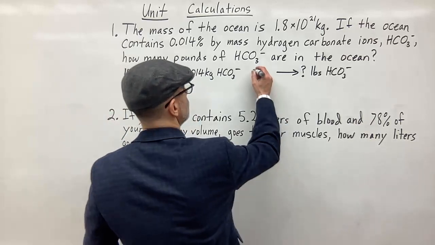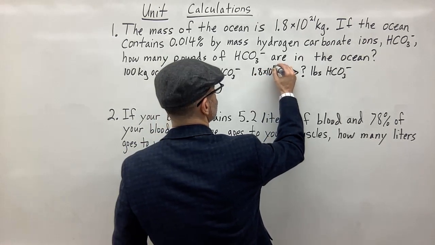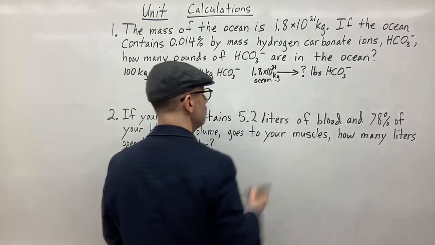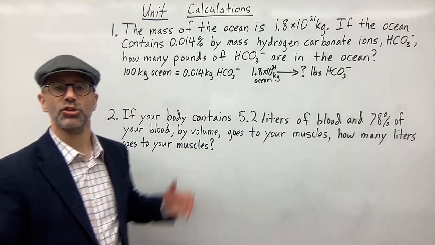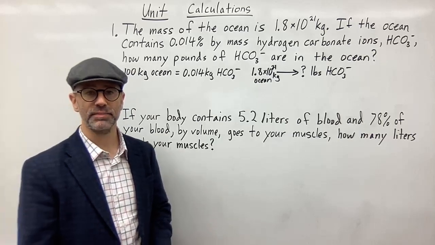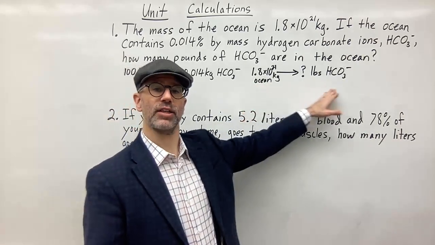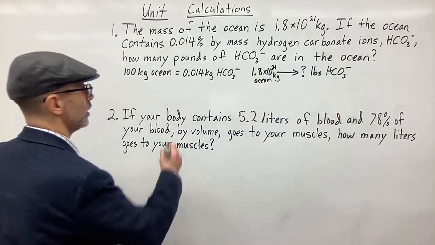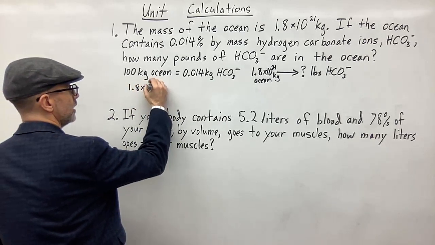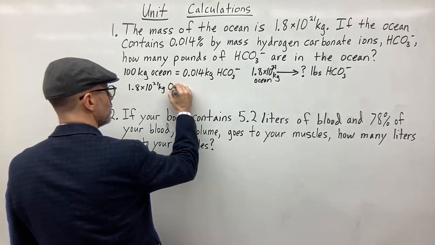They're giving us 1.8 times 10 to the 21 kilograms of ocean, and they want us to convert to pounds of the HCO3 minus, the hydrogen carbonate ion. So all we need to do is start with this amount and use conversion factors to convert to pounds. Let's get started. We're going to start with 1.8 times 10 to the 21 kilograms ocean.